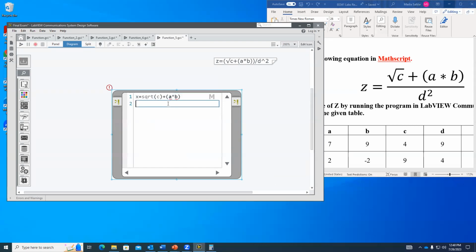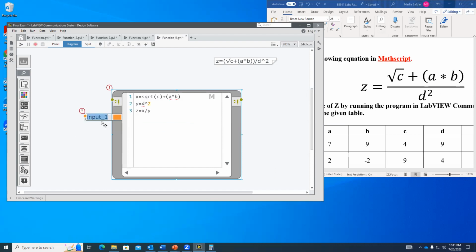Then we have to write D square. So we can say Y equals D square. Now Z equals x divided by y.